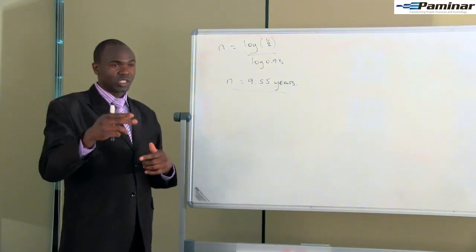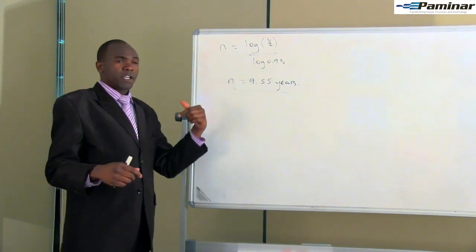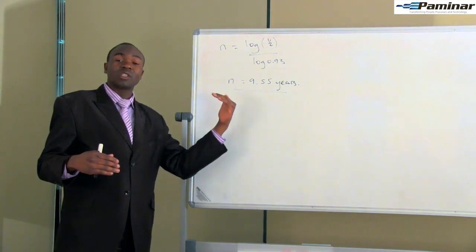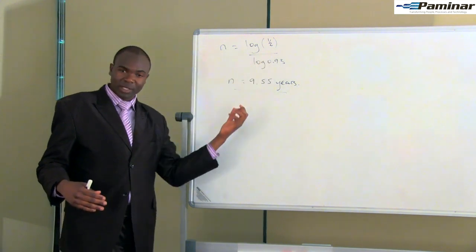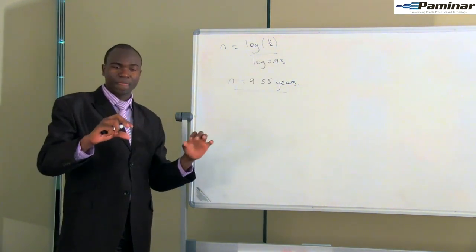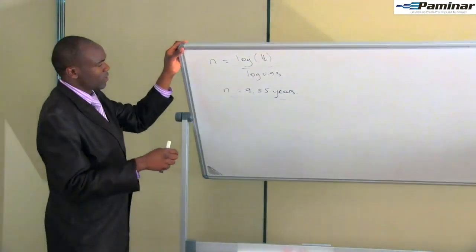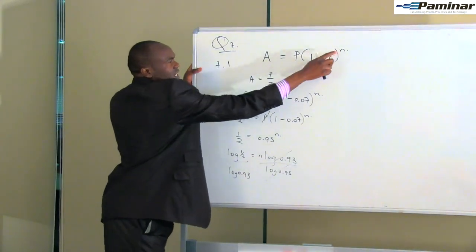Reducing balance is not the same amount. We reduce from the balance by a certain percentage, like here we reduce by 7% every year on the balance, not on the cost.